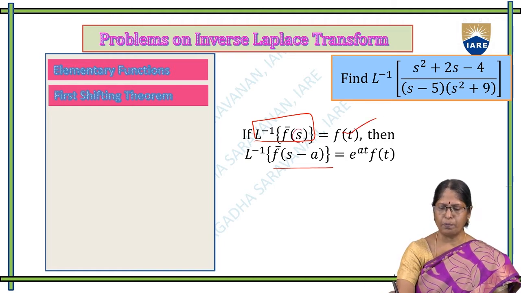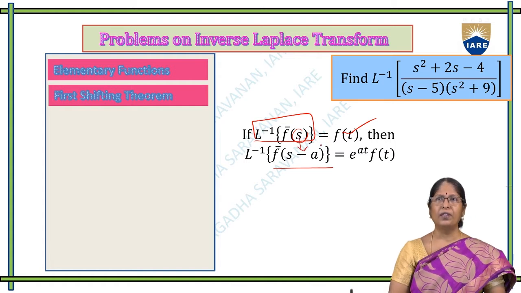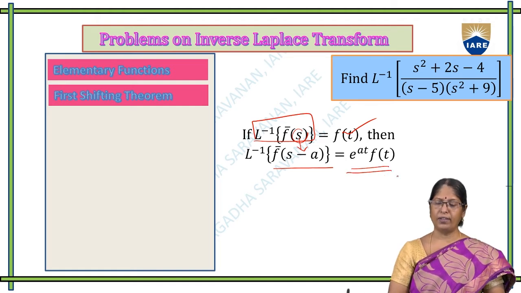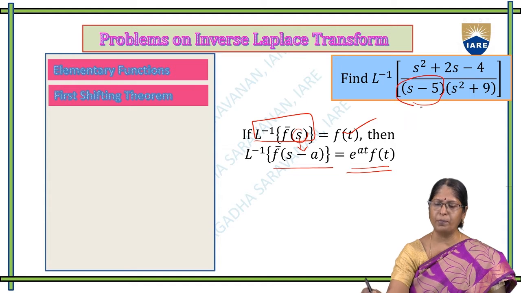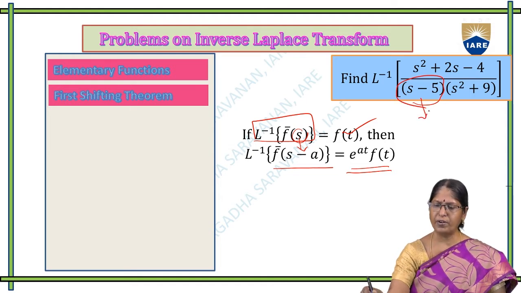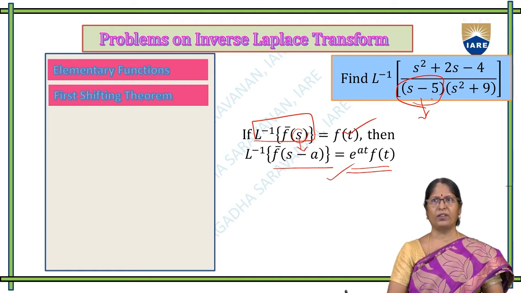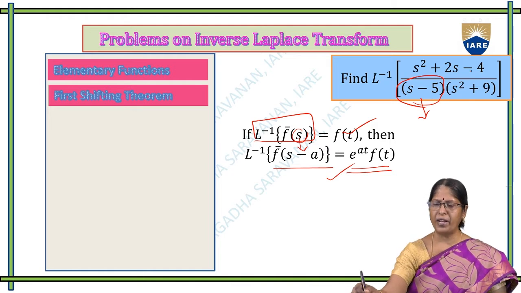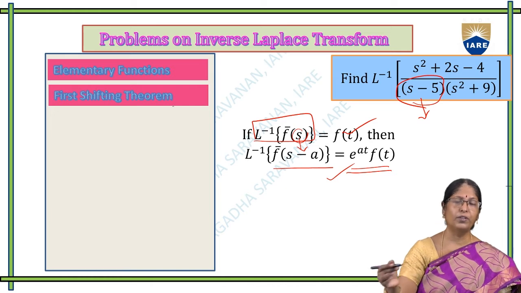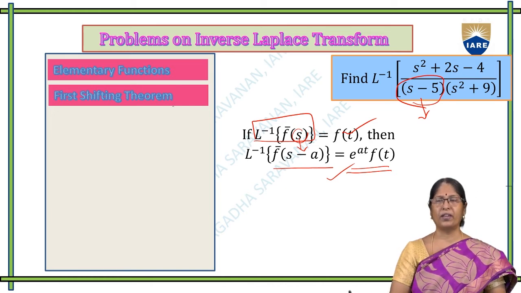If instead of s it is s minus a, then we can put it in this format. In our given problem, s minus 5 is there, so this part can be written as e power 5t. But what about the remaining terms? It is very difficult to solve this using the first shifting theorem. Directly it is not possible.